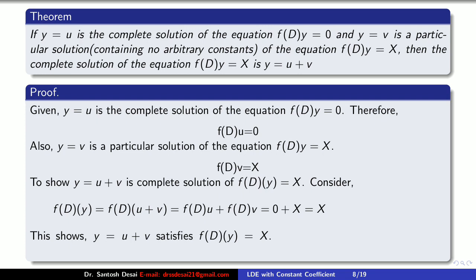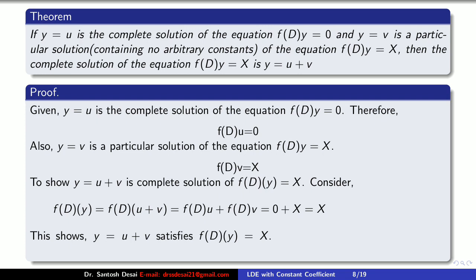Now we have to conclude that y equal to u plus v is the complete solution. And we know the condition for a complete solution, that is, the number of arbitrary constants is equal to the order of the equation.